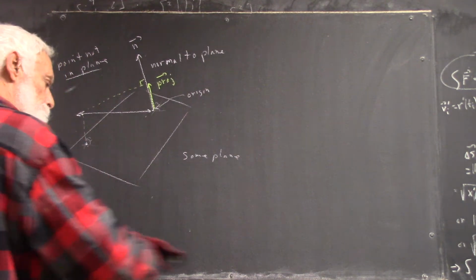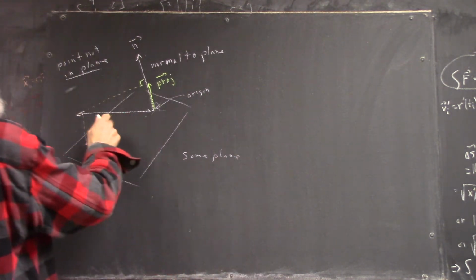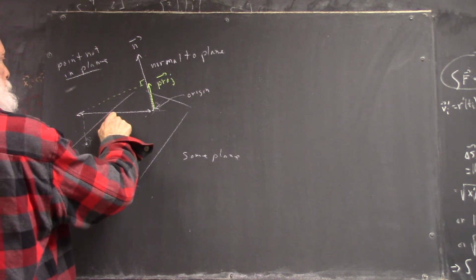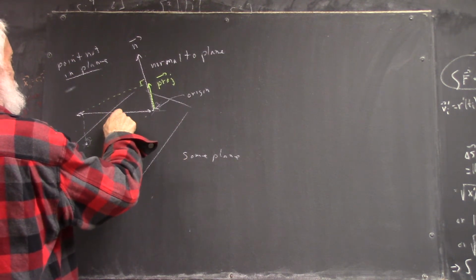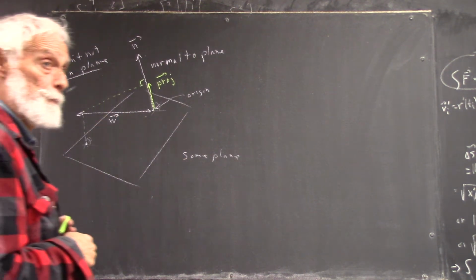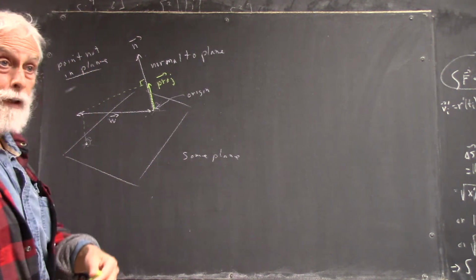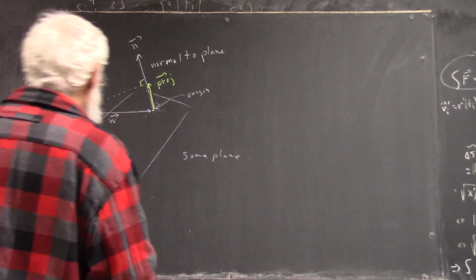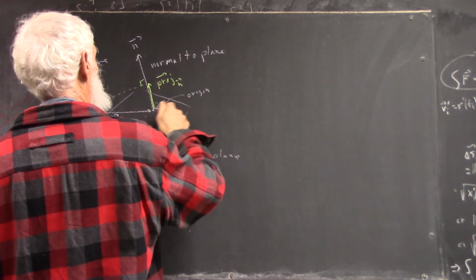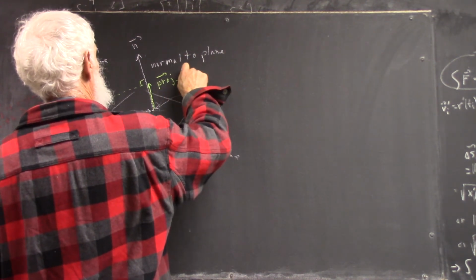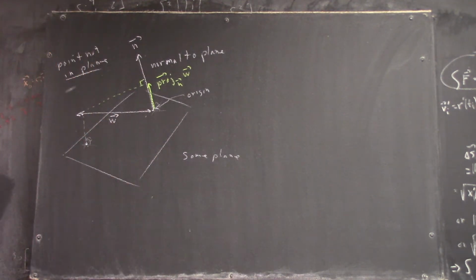And now let's give this vector a name. Let's call it R, or let's just call it W, because it's over there in the space W. So here's the projection onto the normal of the vector W.